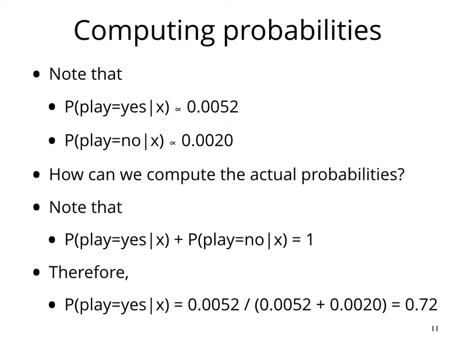That is because we considered only the proportional values, and if we actually want to compute the probabilities, we can use the fact that the summation of the two should be equal to 1, and we can divide by the summation in order to convert these proportional values to probabilities. So we see in this case that play equals yes given X will be quite high, with a 0.72 probability.